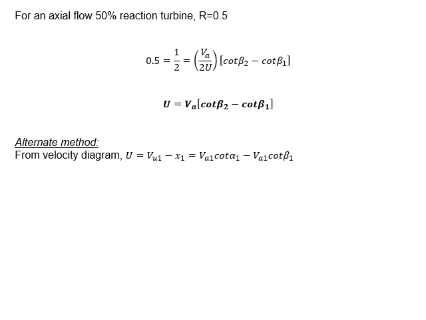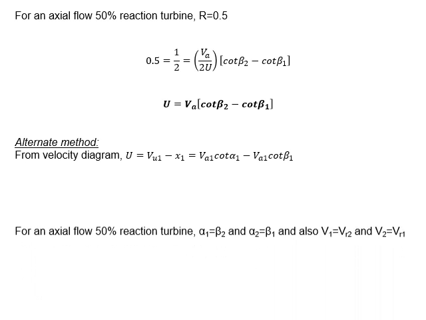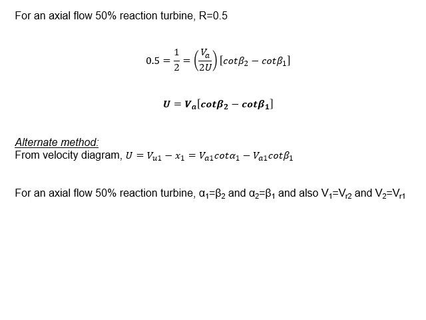The alternate method for that: from the velocity diagram, u is equal to vu1 minus x1. We can write vu1 as V of A cot alpha 1 and x1 as V of A cot beta 1. For an axial flow 50% reaction turbine, alpha 1 is equal to beta 2 and alpha 2 is equal to beta 1, and also V1 is equal to VR2 and V2 is equal to VR1.